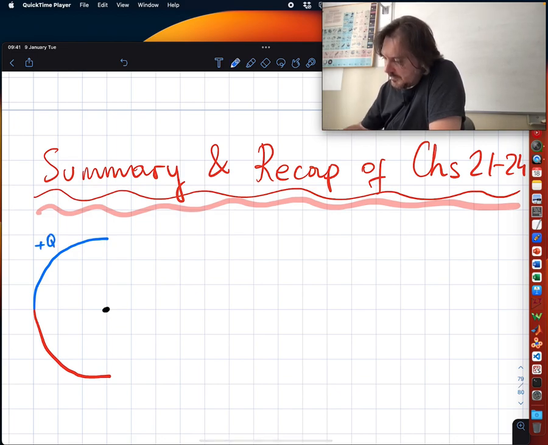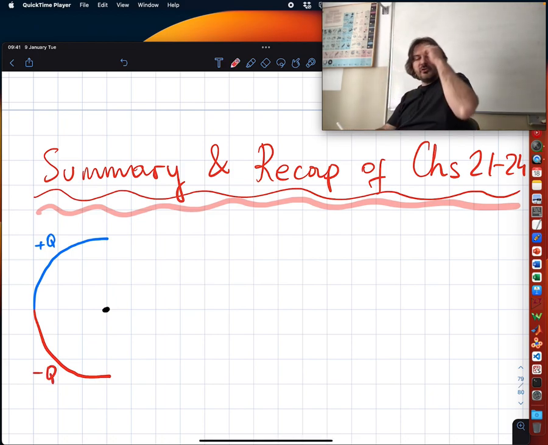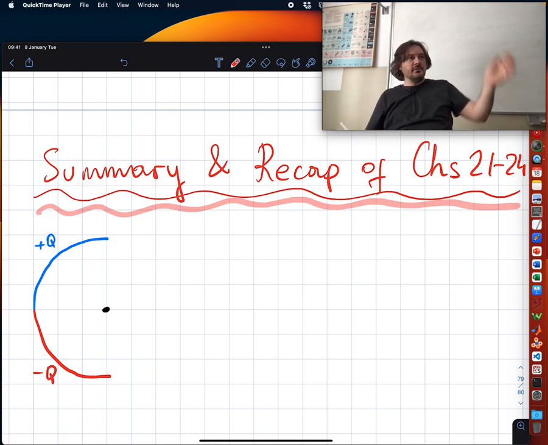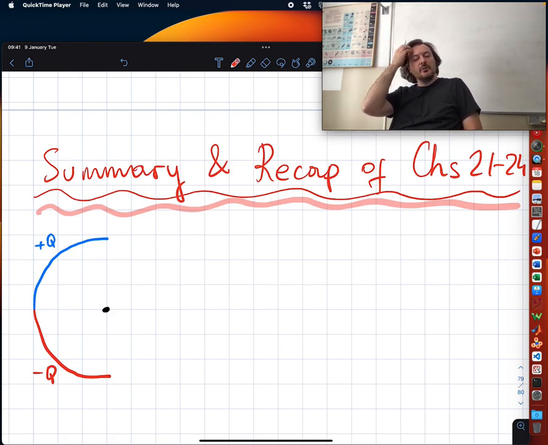So let's say this is plus Q, this is minus Q. The question is, what is the electric field at the center? This is a wire. You have plus Q in the second quadrant, minus Q in the third quadrant, and you are asking for the electric field. You have solved it already, right?